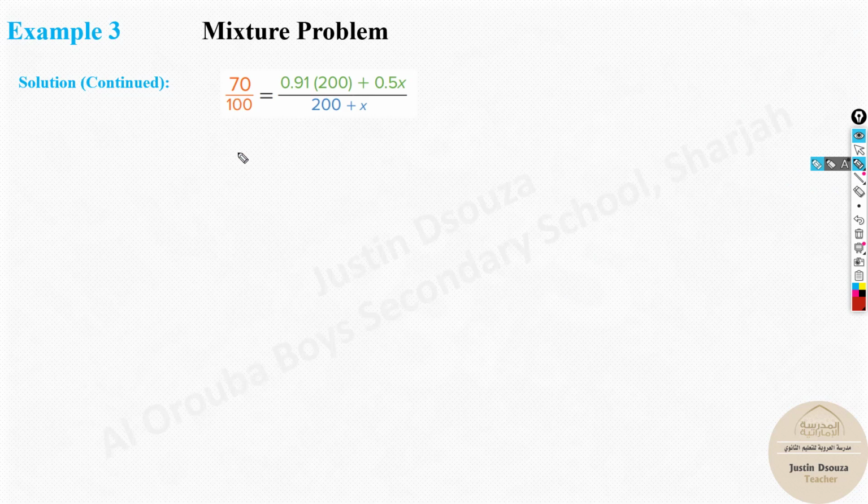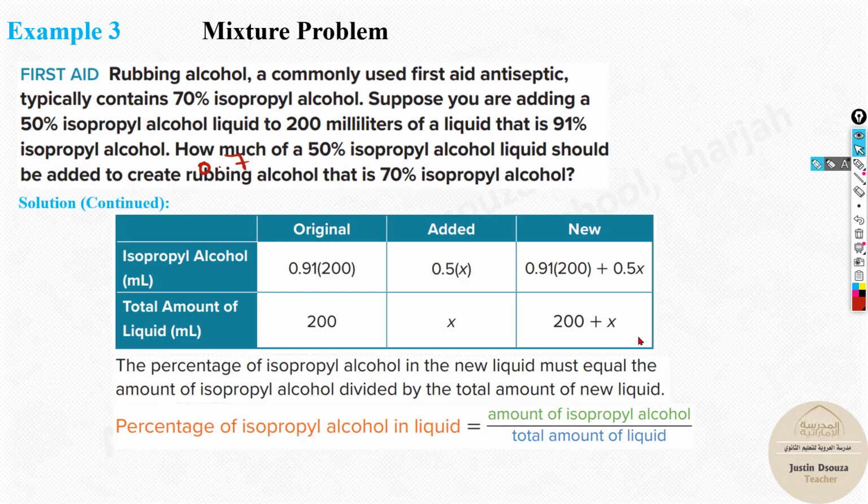70 by 100 is 0.7. Now you can take it to the other side, but I'm not going to multiply by 100 over here. 70 by 100 will be 0.7. And since this is equal to, there's no plus or minus, it's an easy one. You just take this to the other side, or you can just use the calculator, because even if it's a writing exam, you have already written so much, right?